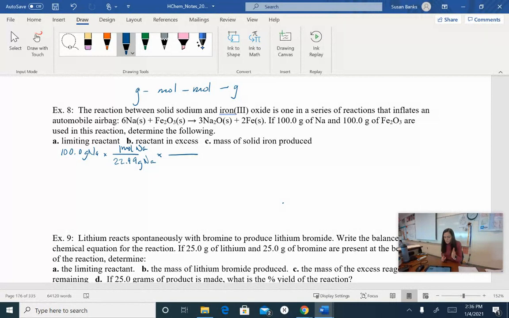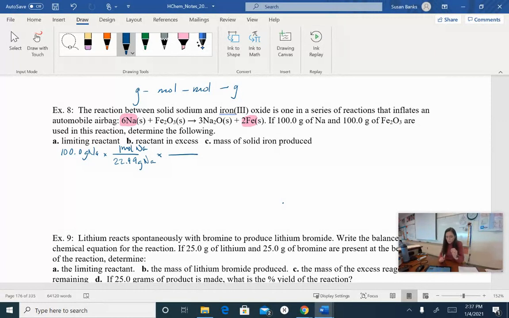Now I need to go to moles of what I want to know. And I'm going to do that using the coefficients of the balanced equation. So I have 6 moles of sodium. And once again, that pen did not transfer over quick enough. 6 moles of sodium reacting to make me 2 moles of iron. I want my moles of sodium to cancel out.